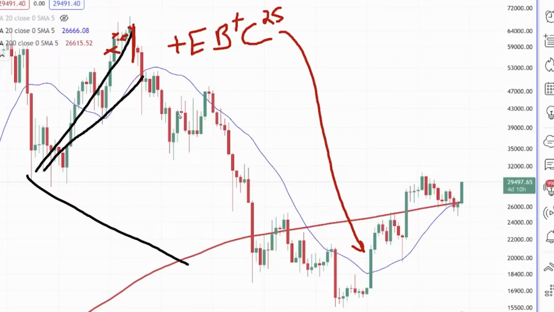Tell me you understand the formula that we have here. There are multiple things developing or stacked together at the same time.